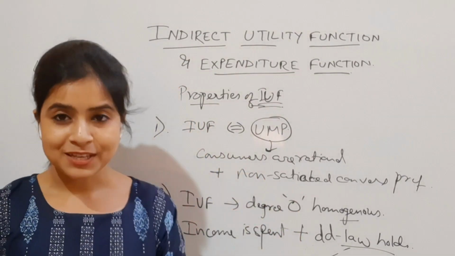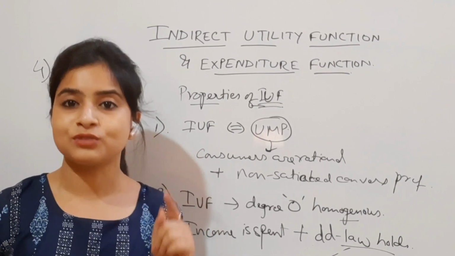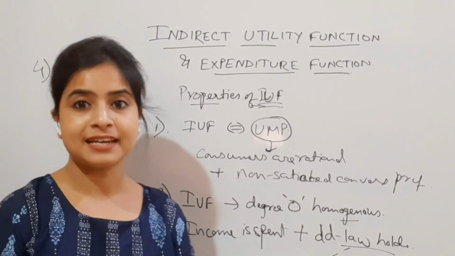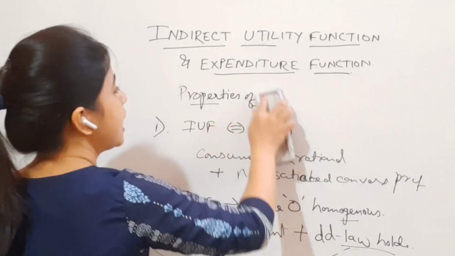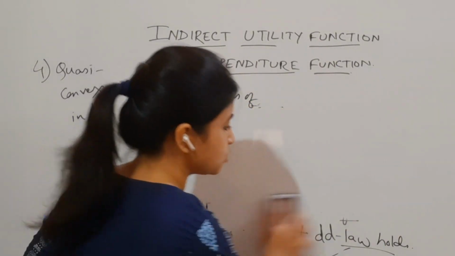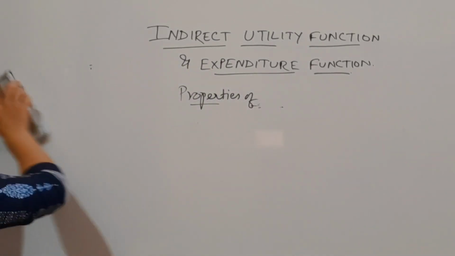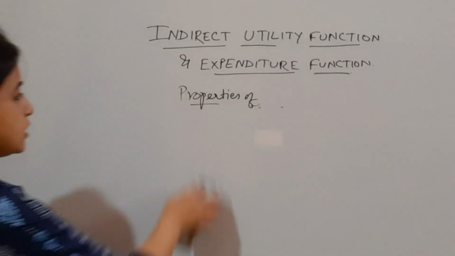Now, the next part, that is the properties of the expenditure function. Let's move quickly to that part and understand how the properties of the two are different. Since one is the dual of the other, there will be some differences in their properties as well.